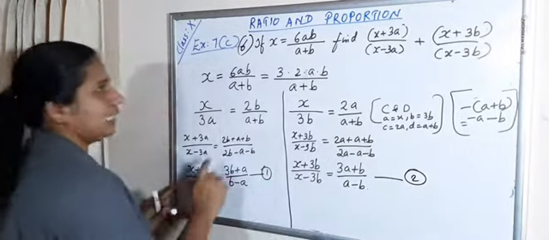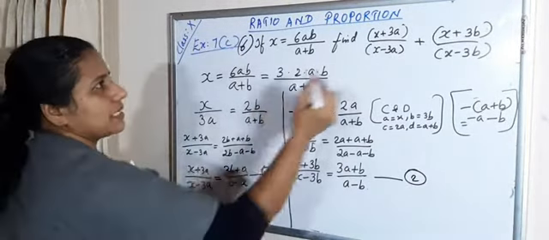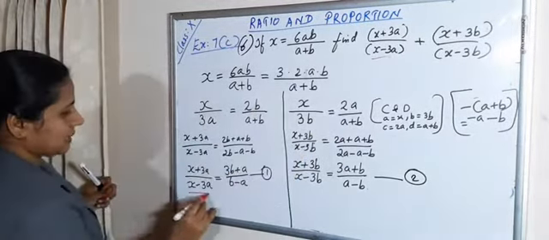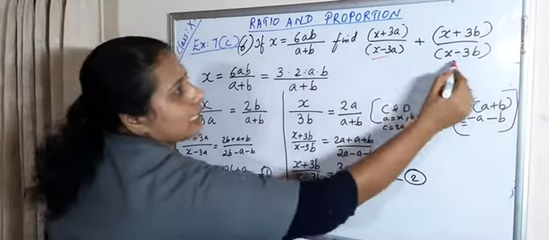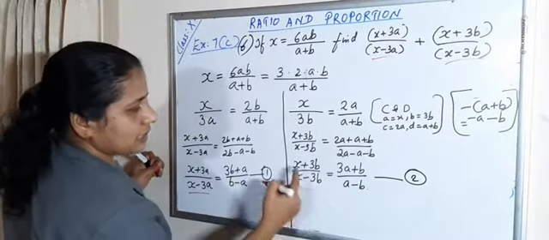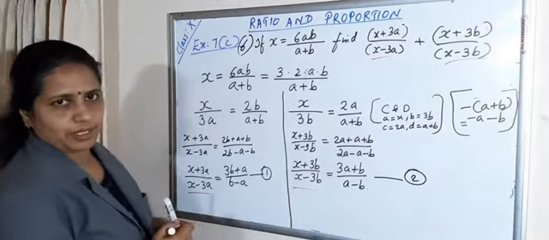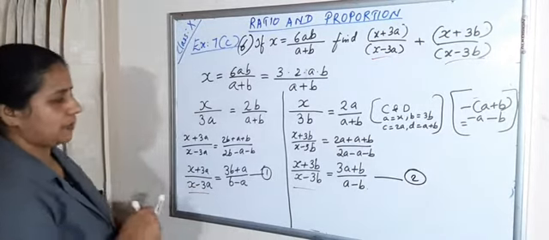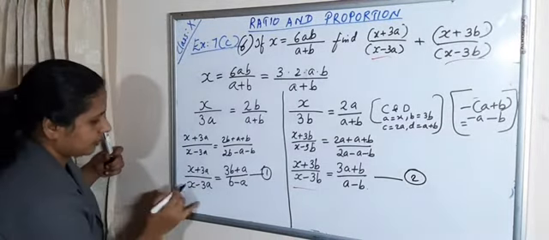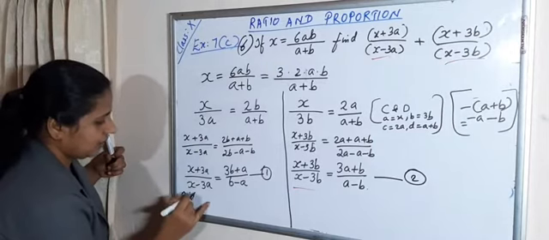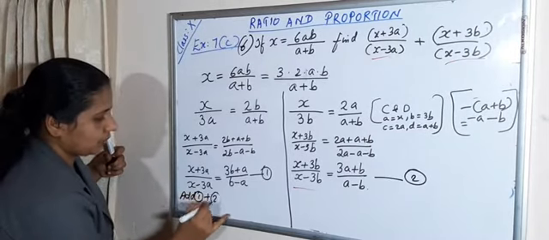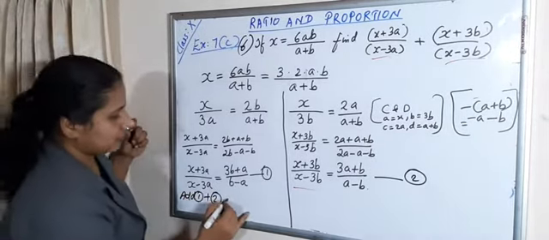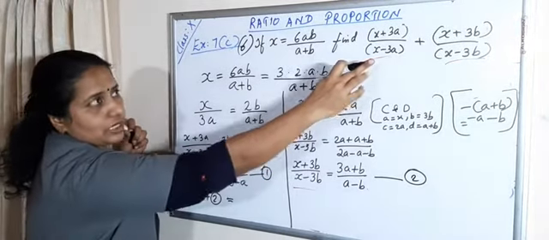Now look at here: x plus 3a, x minus 3a, x plus 3a, x minus 3a, and x plus 3b, x minus 3b, x plus 3b, x minus 3b. Now add 1 plus 2. That is our question, okay?